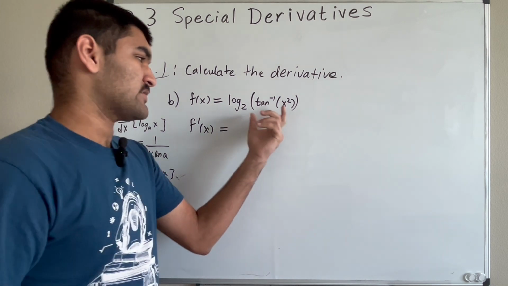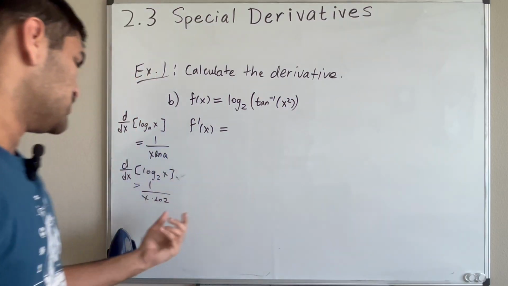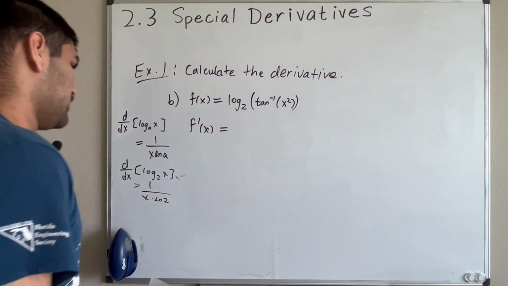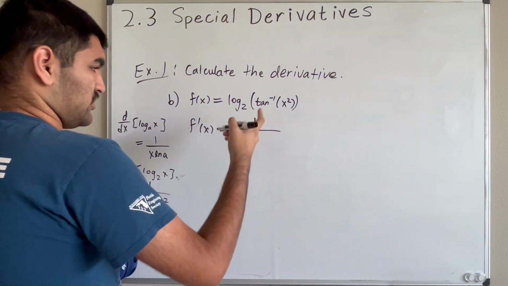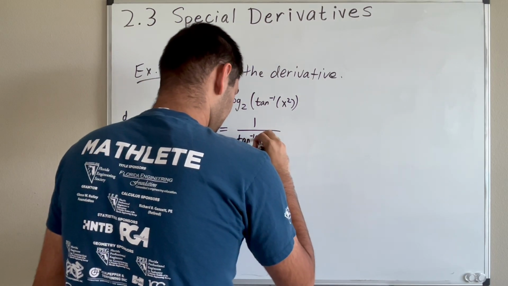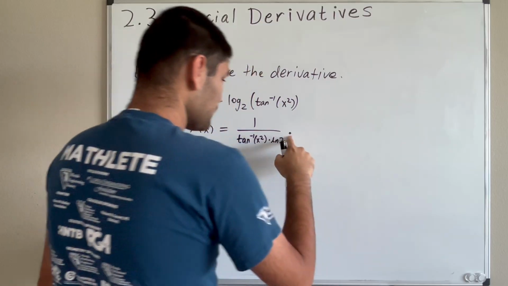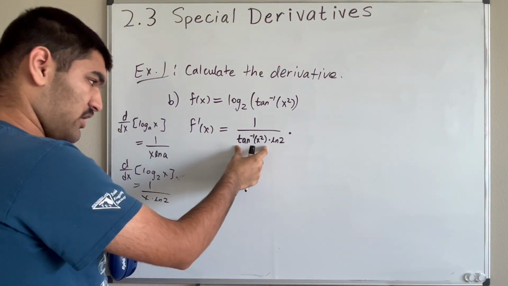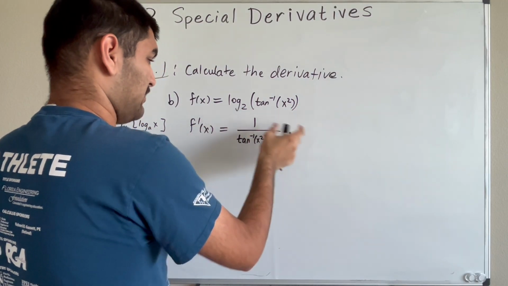In our case, our input of log base 2 is inverse tangent of x squared. So instead of x, I'm going to put this expression. So the derivative of log base 2 of inverse tangent of x squared is 1 over inverse tangent of x squared times the natural log of 2. And now I'm going to multiply by the derivative of inverse tangent of x squared, because I have to take the derivative of this now and then multiply.